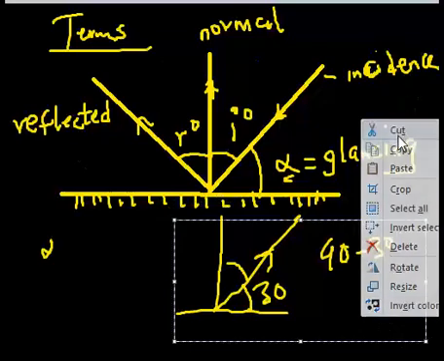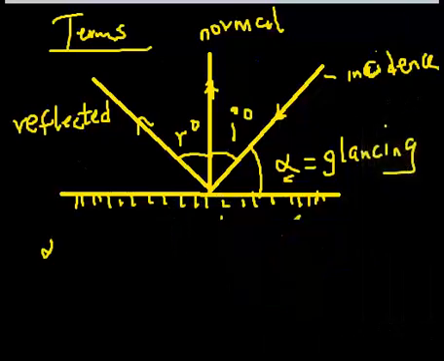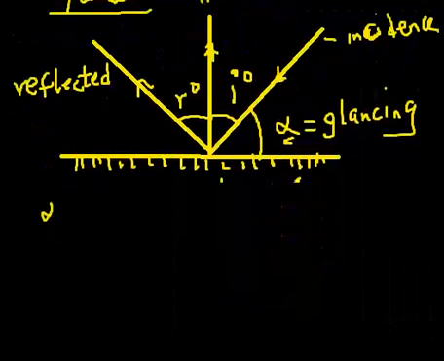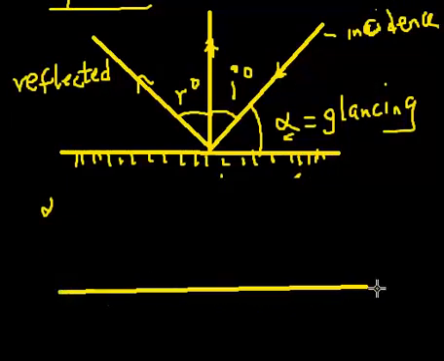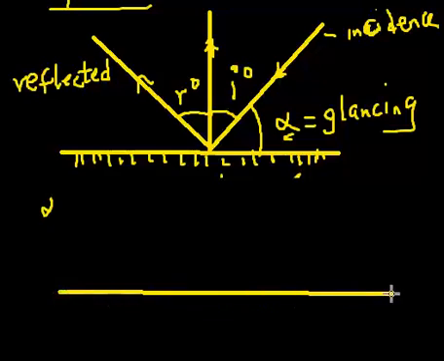Then of course there's another term I need to talk about, known as deviation. Remember, anytime a ray changes direction, there's always a deviation. Deviation is the angle between the initial direction of a ray and the final direction. Here we go. Now we have something like this.